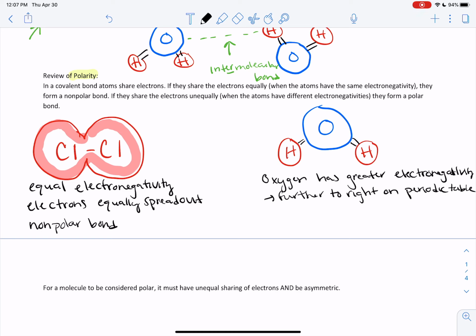So that means that the oxygen is attracting the electrons more, so they have an unequal sharing of electrons. And that makes this a polar bond. Okay, so all of the electrons are closer to this oxygen than they are to the hydrogen. And as a result of that, we talked about how that means there's more electrons over here, so this gets a partial negative charge. And since there's less electrons on the hydrogen, they get partial positive charges. Okay? So this is an example of a polar bond.